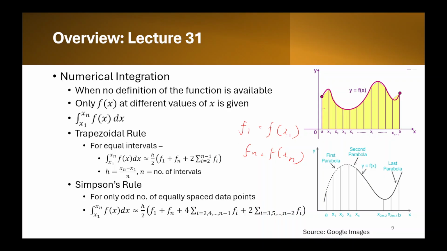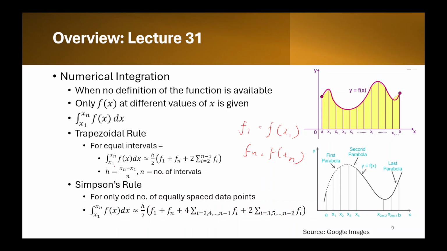This is the representation of the trapezoidal rule: you divide the range of x1 to xn into a number of data points, and these are the trapezoids that you are creating, and the summation of the area of these trapezoids will give you the area under the curve.